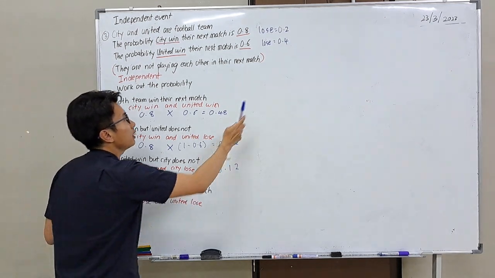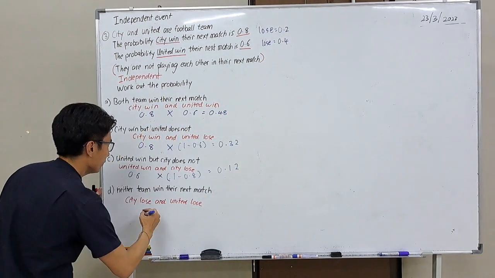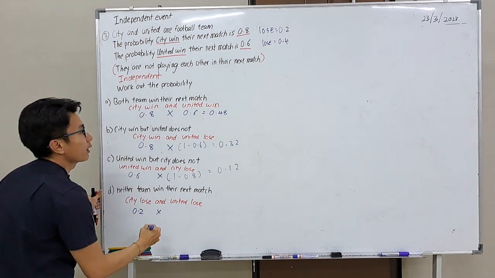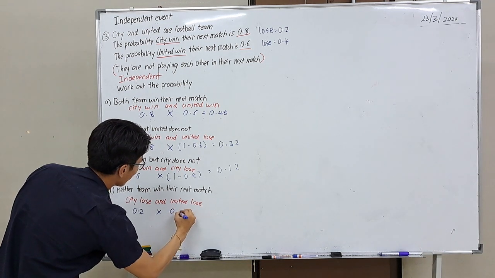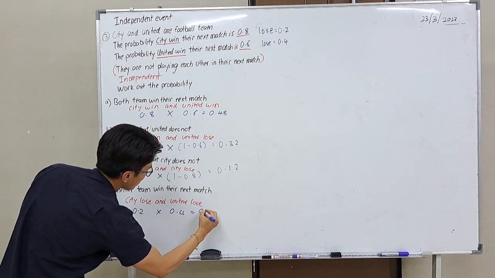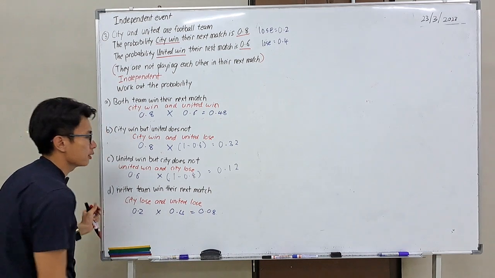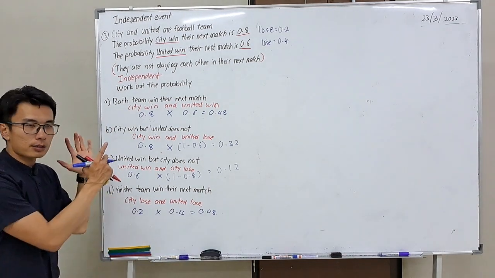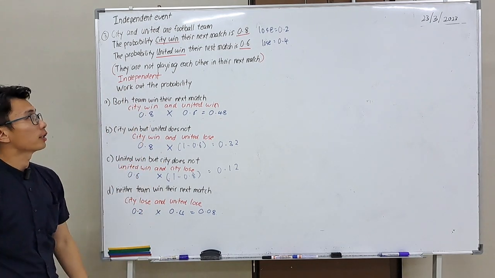What's the probability of City lose? We have already found out over here, that's going to be 0.2, multiplied with United lose, that's going to be 0.4, which will give me 0.08. All right, that's how we do this question here, right?